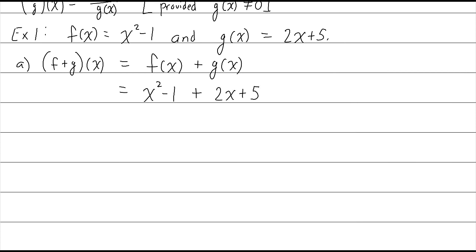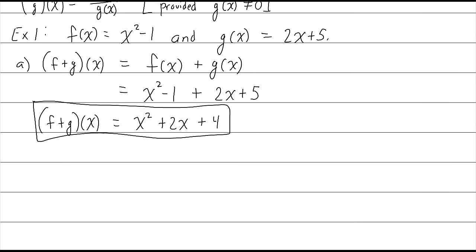Okay, so sure, I write them out like that. Let's combine like terms. I see this -1 and this +5. -1 plus 5 is 4. So f plus g of x is equal to x squared plus 2x plus 4.